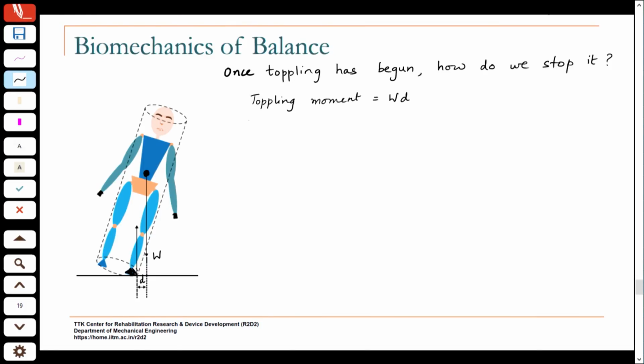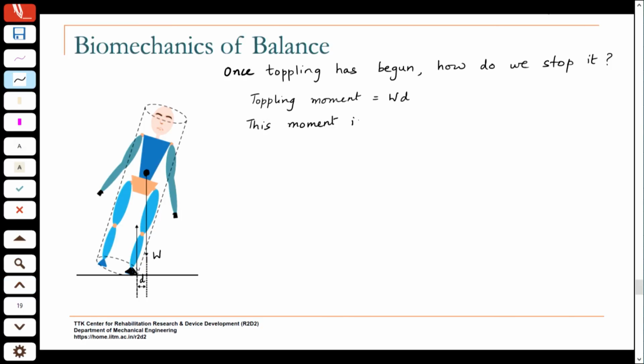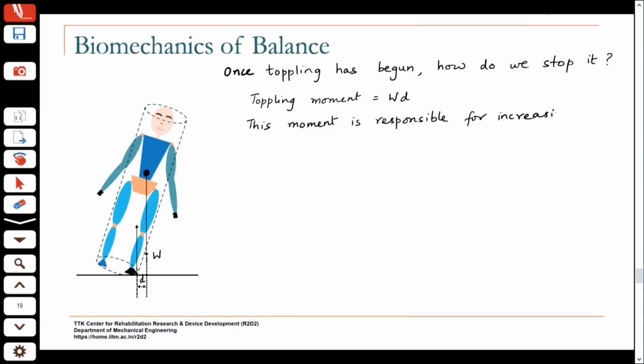So, this moment is responsible for increasing the angular momentum of the system about the point of rotation, which is the edge of the foot.